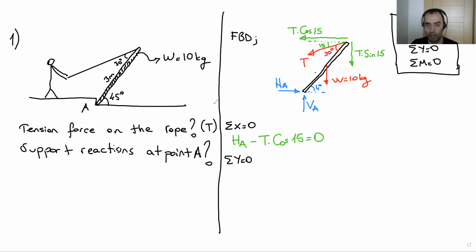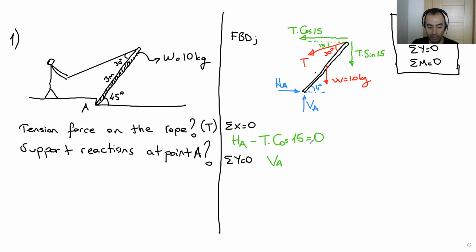What do we have in the vertical direction? We have VA, the weight of the member, and the vertical component of the tension force T. Let's write the equation. VA in the positive direction, that's okay.